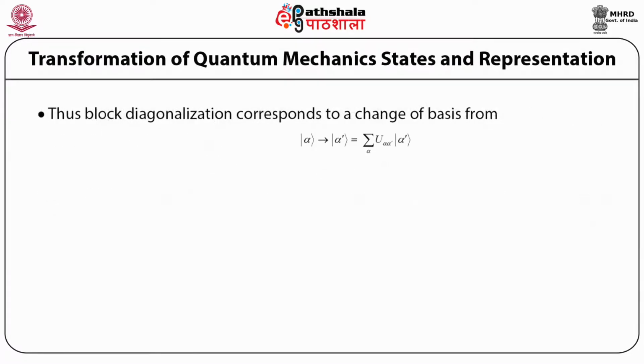Thus, block diagonalization corresponds to nothing but a change of basis from the basis alpha to a basis alpha prime, which is obtained by a unitary matrix transformation with unitary matrix U alpha alpha prime acting on the state alpha prime.